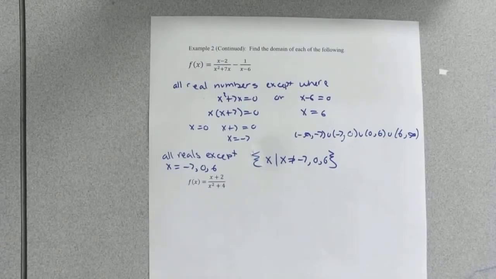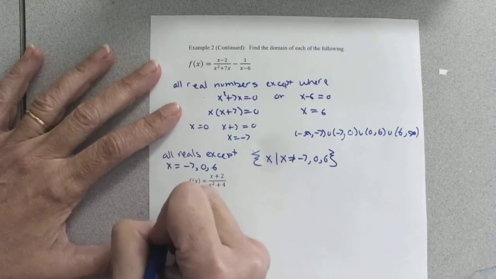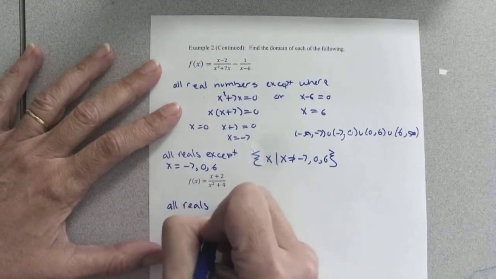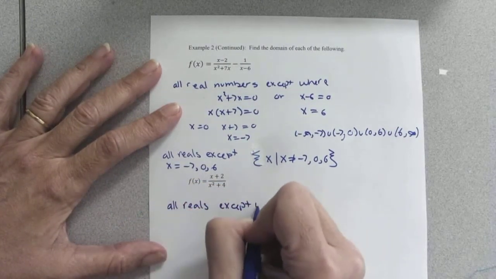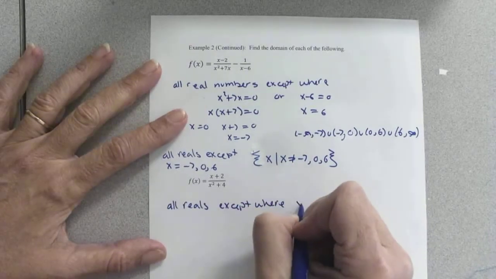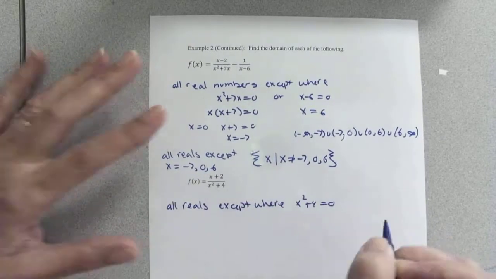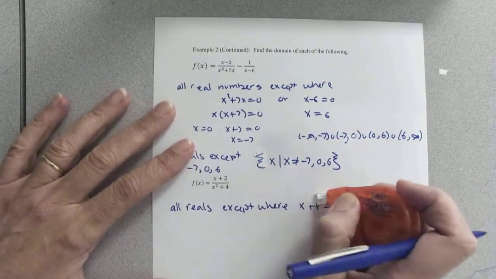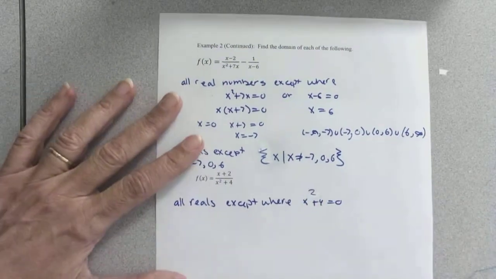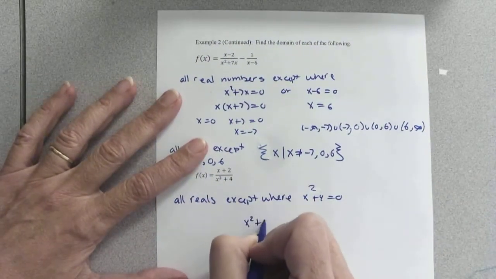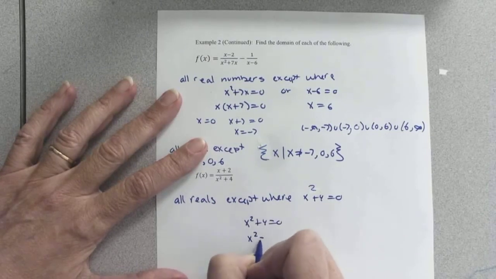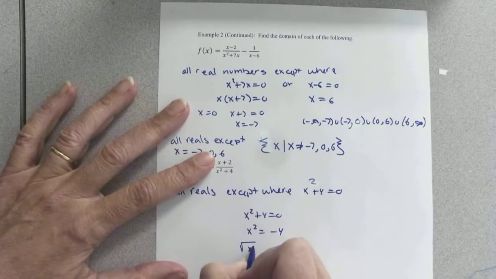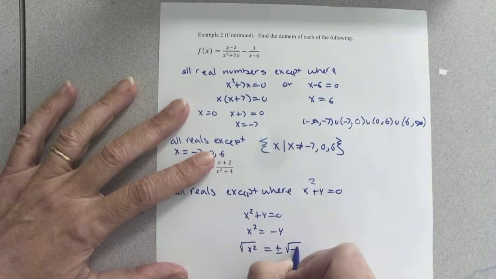Okay, next fractional one. So this would be all reals except where x squared plus 4 equals 0. And so I go to solve that. We remember that plus or minus.